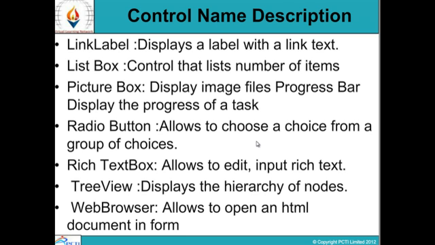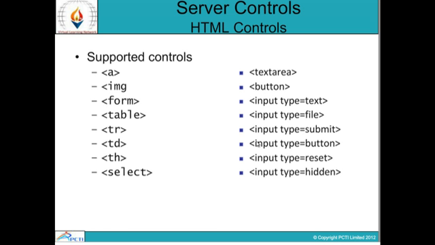Rich text box control basically allows you to edit rich text input. Next is tree view. Tree view control displays the hierarchy of nodes in which the data is represented. Next control is web browser. Web browser allows you to open an HTML document in the form.